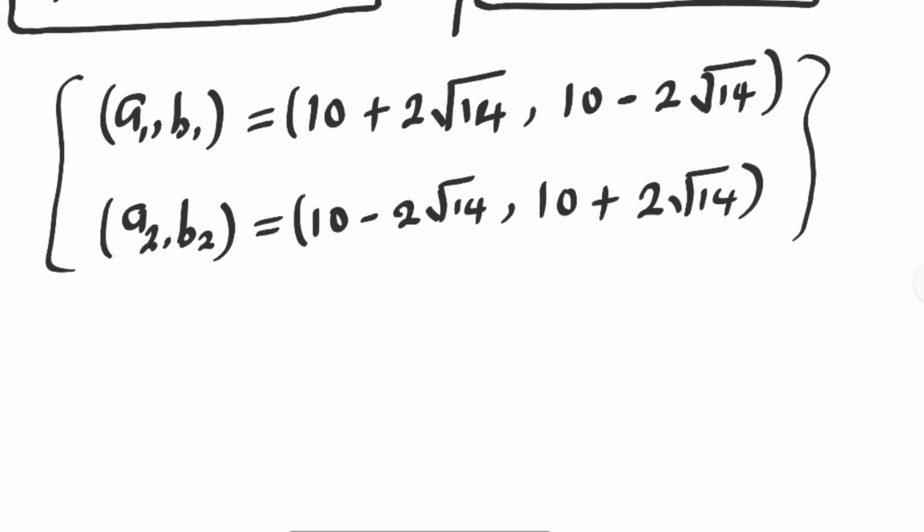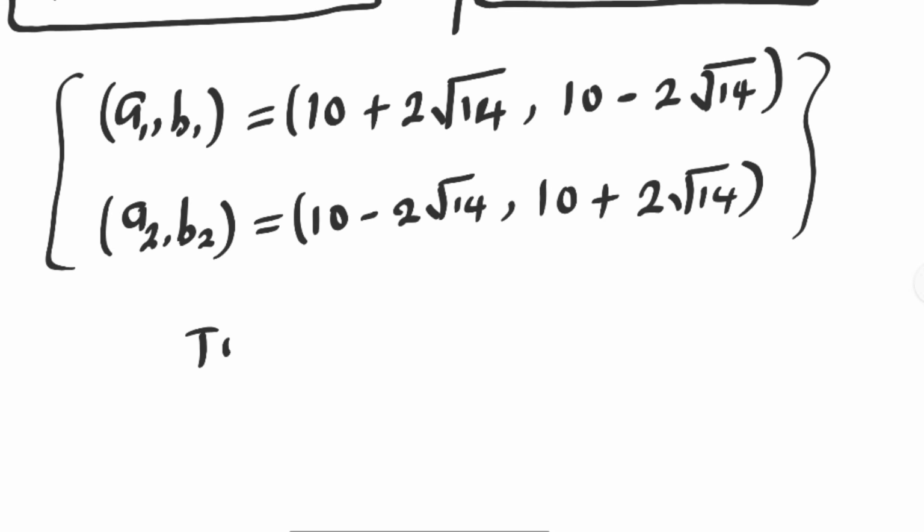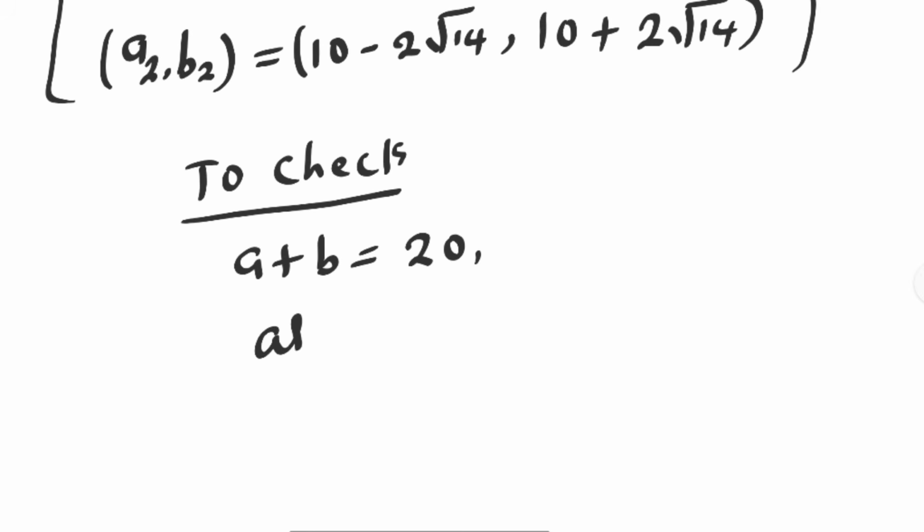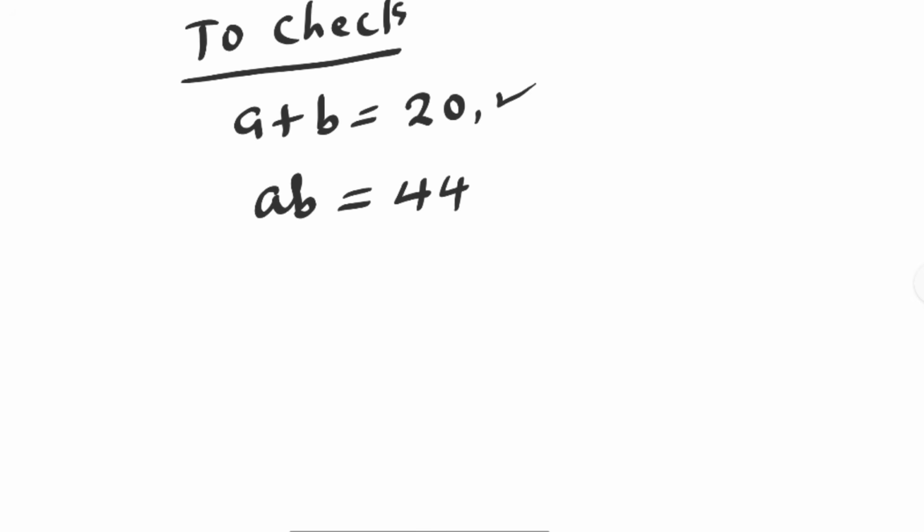Let us check. To check, the given equations are A plus B is equal to 20, AB is equal to 44. Let us consider this.